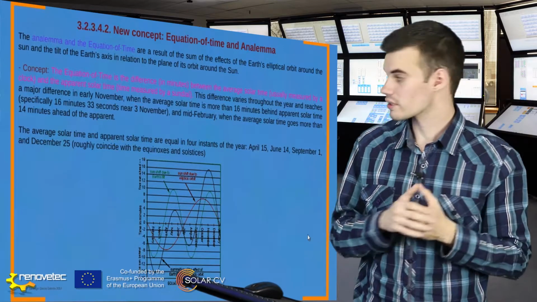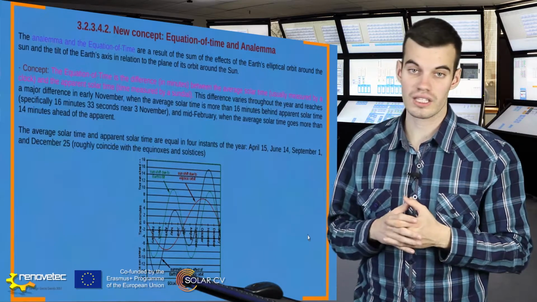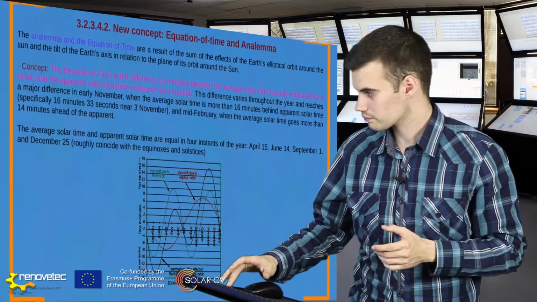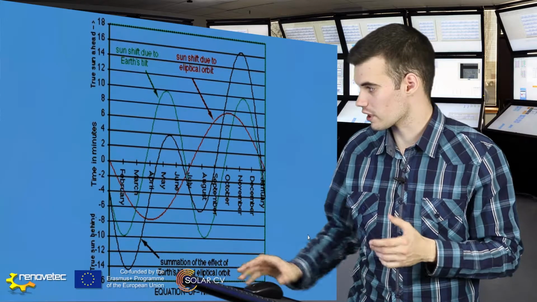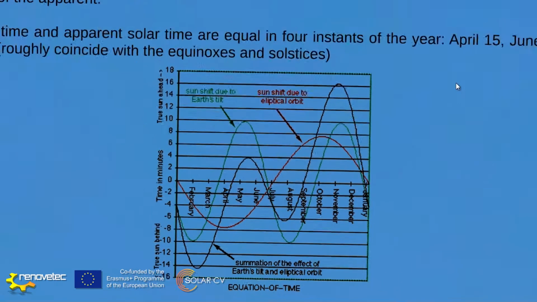The average solar time is going to be 14 minutes ahead of apparent solar time. Here we can see that the black plot is the sum of both effects: some shift due to Earth tilt and some shift due to the elliptical orbit.